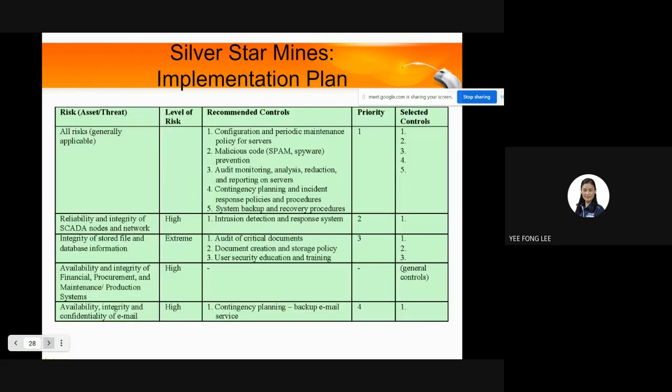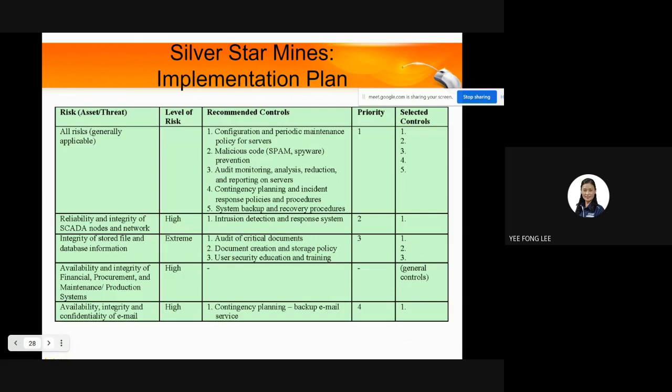Next slide. This is an implementation plan. It lists out all the identified controls and the priorities in the implementation. Priority 1, 2, 3, 4. What are the risks and what are the recommended controls?